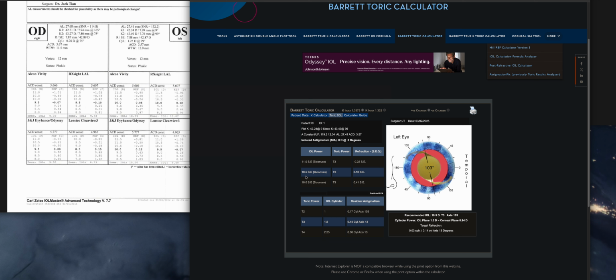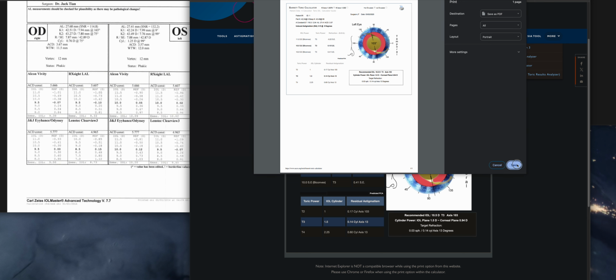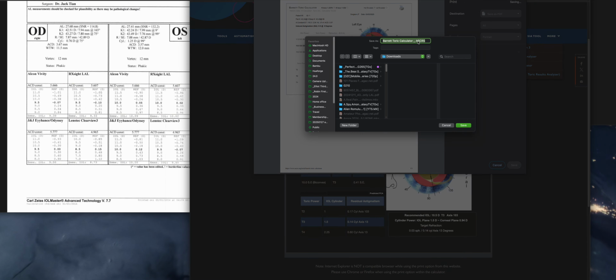So you're going to order a 10.5 diopter Odyssey lens with a toric 150, and that's going to give me very close to no astigmatism. And then you're going to tell me the axis is 103. Perfect. Let's save that. And I think this is the 8th case.